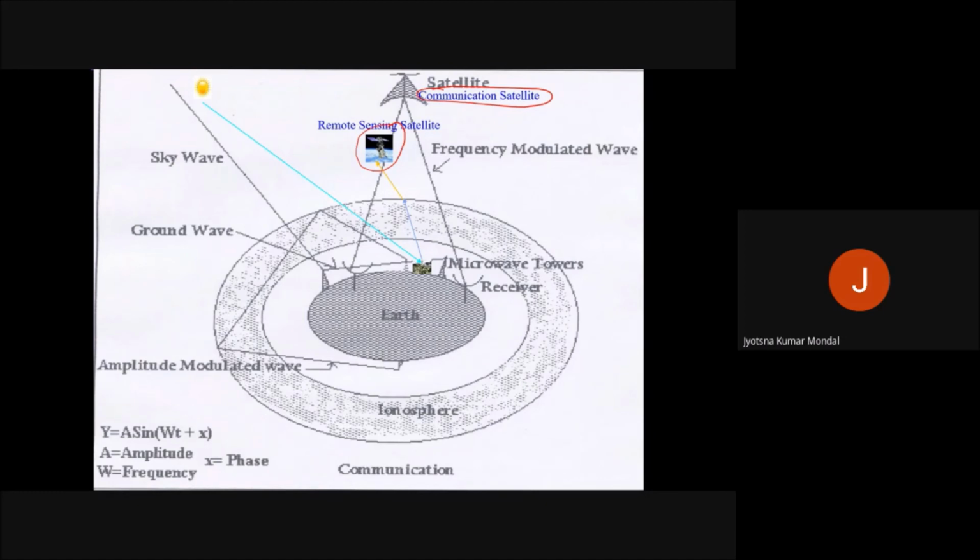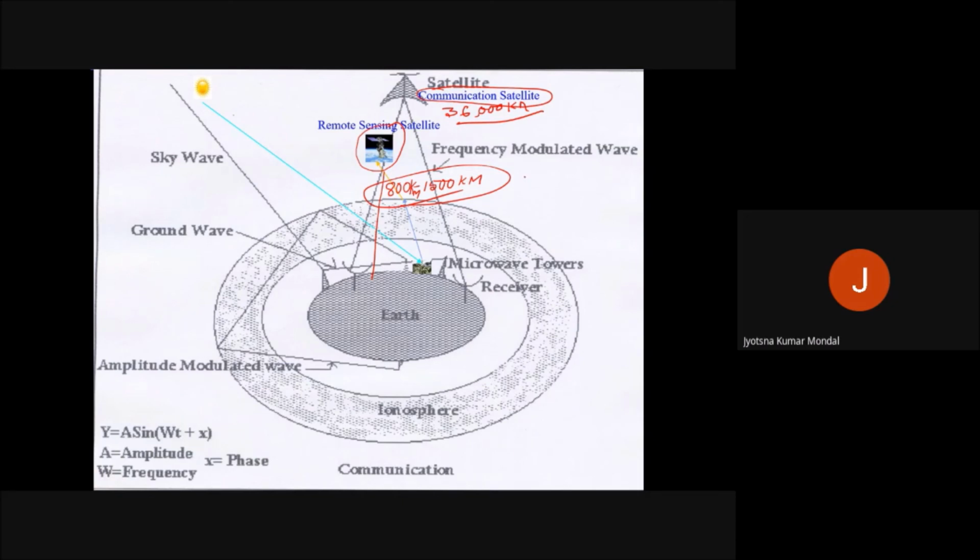Its orbit distance is only 800 to 1500 kilometers, unlike 36,000 kilometers for the communication satellite. It is a low Earth orbit. It's not low actually, it's medium. All of the remote sensing satellites from India, ISRO, are called the IRS.